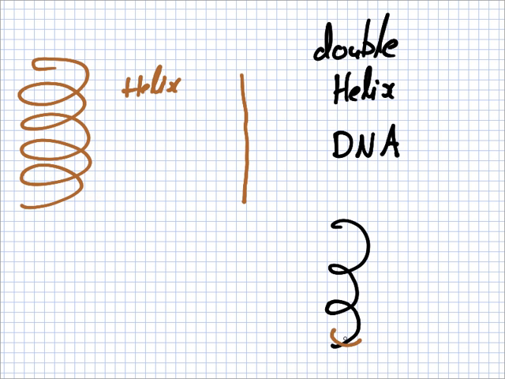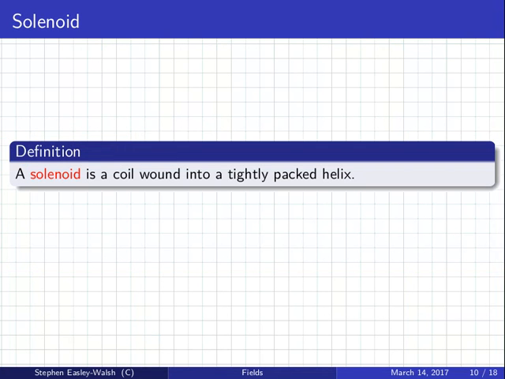It's the 2 together. The DNA, yeah. So you can have a single helix and a double helix. It's the name of the shape. Okay, so you can write this down. It's like a spring, isn't it?